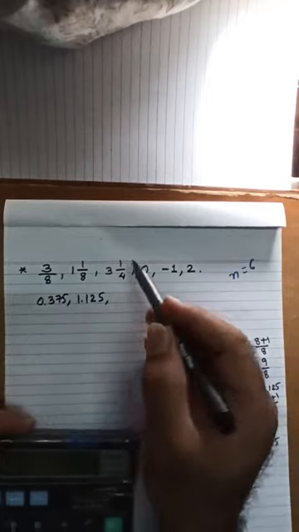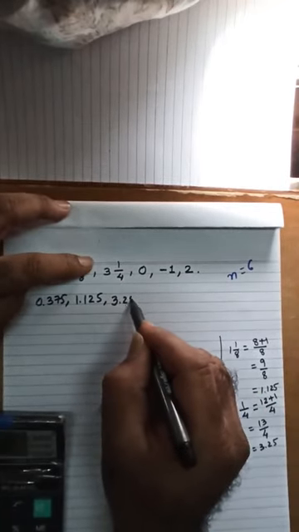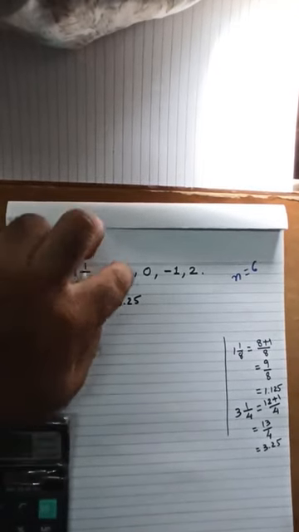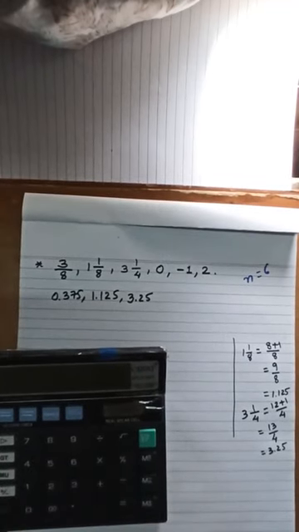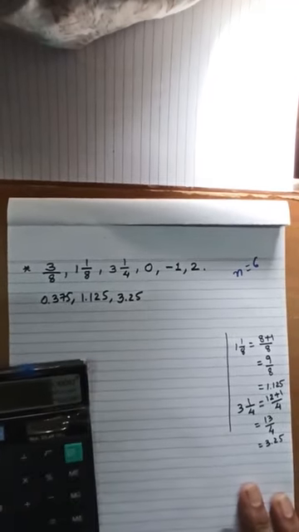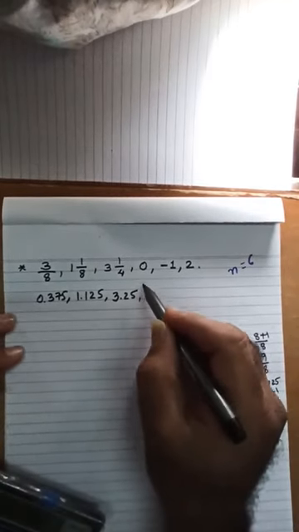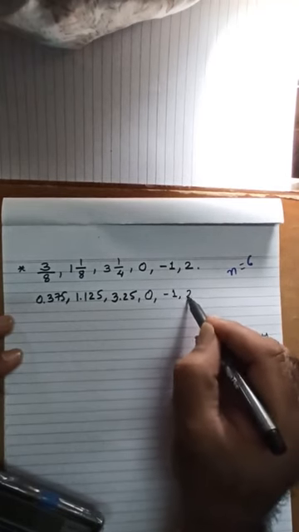So the third value, 3 and 1/4, means 3.25. Or we can write 3 and 1 by 4, where 1 divided by 4 is 0.25. So 3 and 0.25. Next is 0, then -1, then 2.